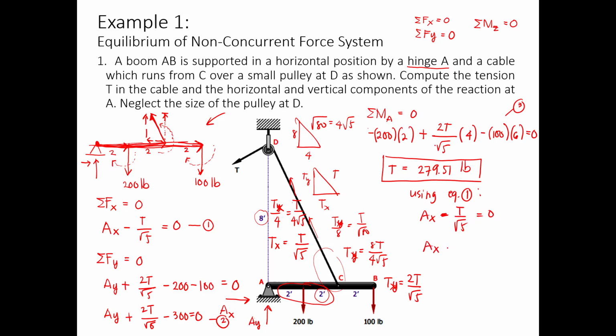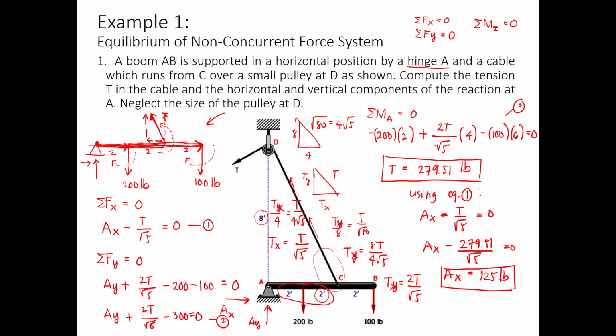So AX minus, again our tension is 279.51 all over square root of 5 equals 0. So AX equals 125 pounds.